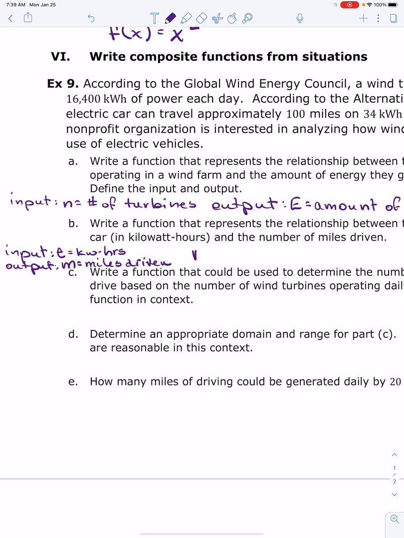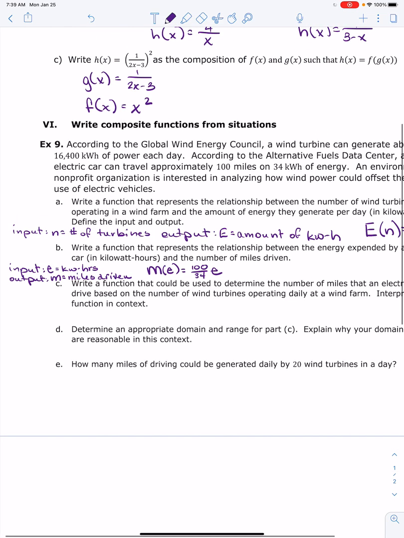So the miles in terms of the energy is 100 divided by 34 times E, the number of kilowatt hours. And just a quick check, 34 kilowatt hours, 34 plugged in for E, those 34s cancel, we get that 100 miles driven. So sometimes you got to kind of play around to figure out how that multiplier factors in here.